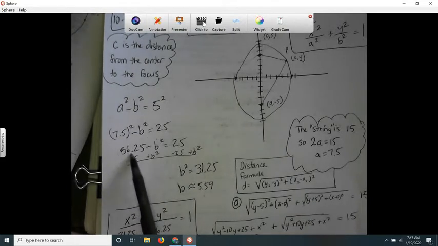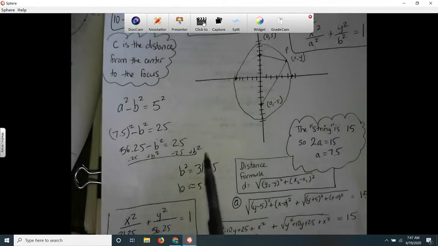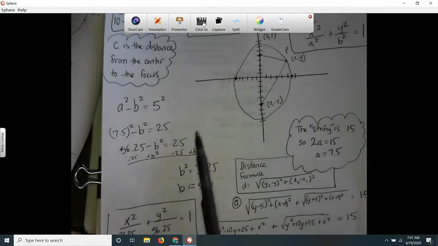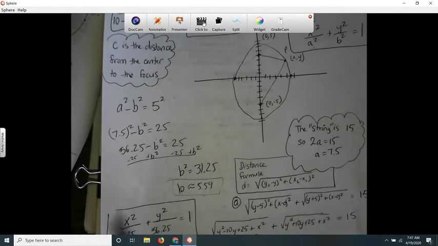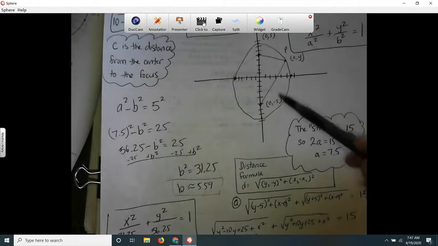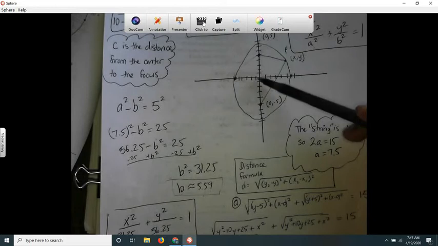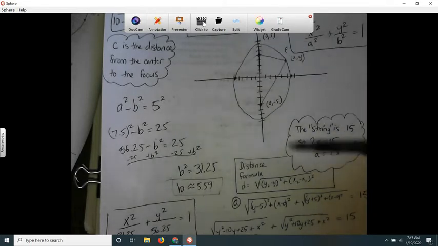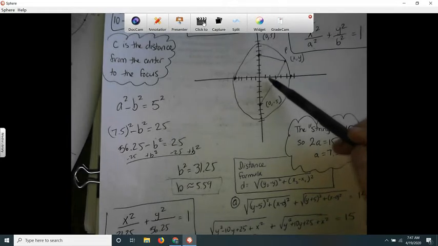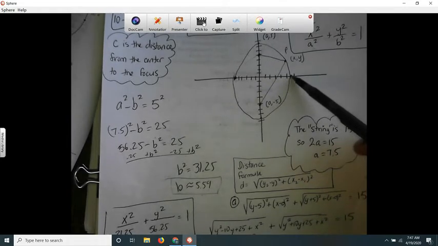I squared it out, and then I was able to solve for b. That's 5.59. Think of b as the shorter one and a as the longer one. So 1, 2, 3, 4, 5.5.